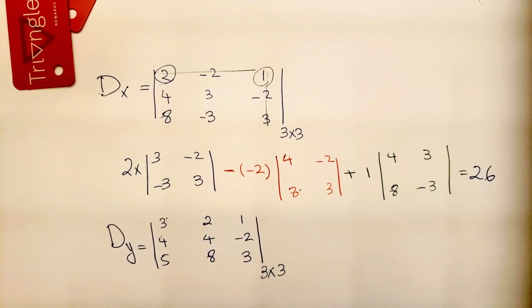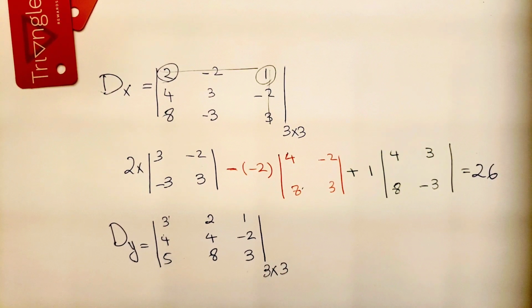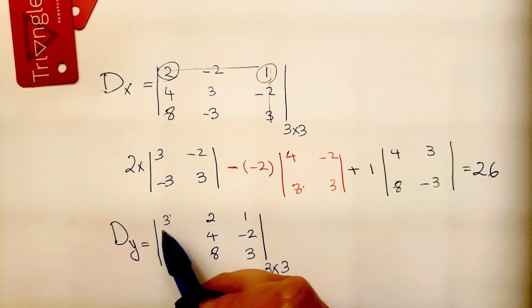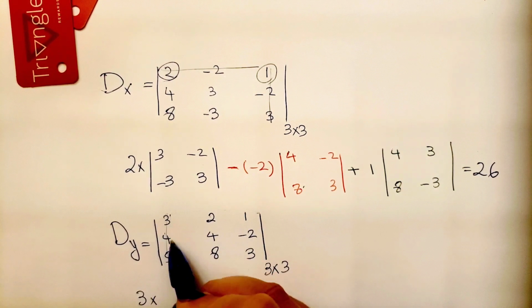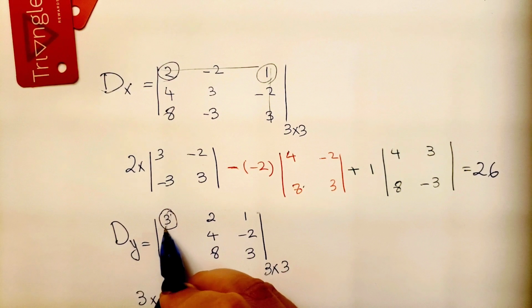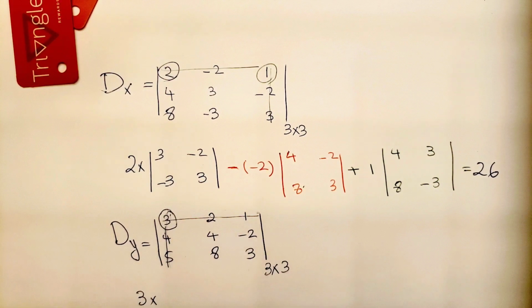Okay, so now let's calculate our 3 by 3 determinant. So the first number is 3 times, this is my main number, so this column and this row would be eliminated, so I'm left with 4, -2, 8, and 3.